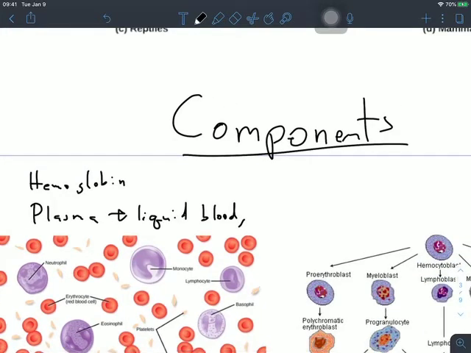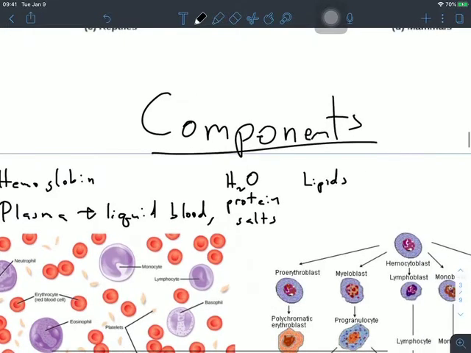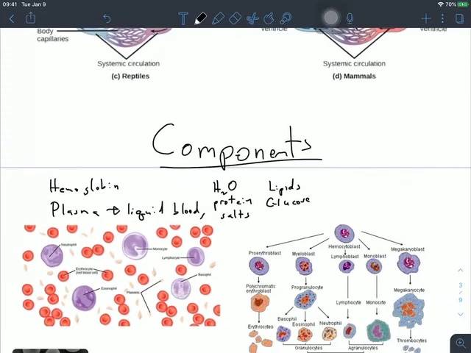It is a mixture of water, proteins, salts, lipids, looking at you cholesterols, and glucose. Lots and lots of sugar floating around in your blood.